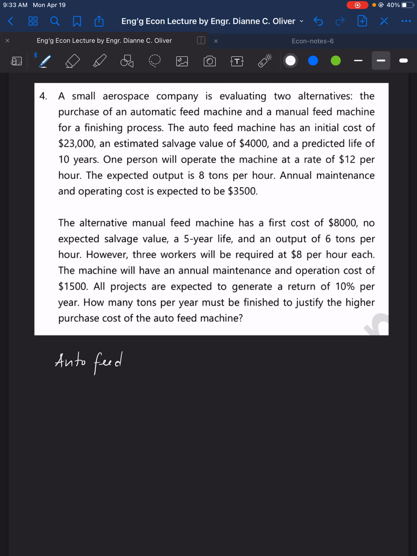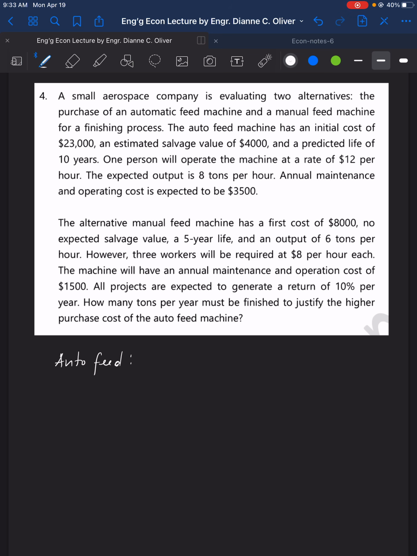The auto feed machine. Now for the auto feed machine, which has the initial cost of $23,000 and the estimated salvage value of $4,000.